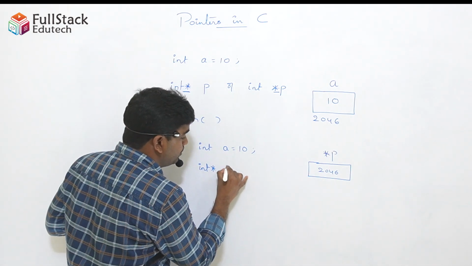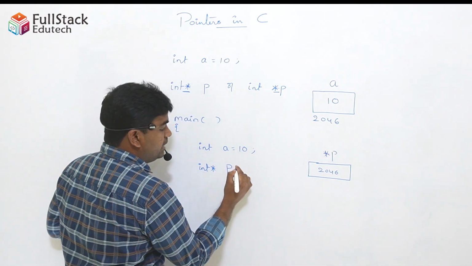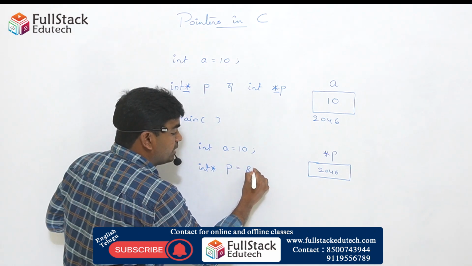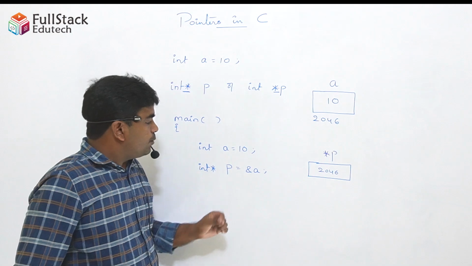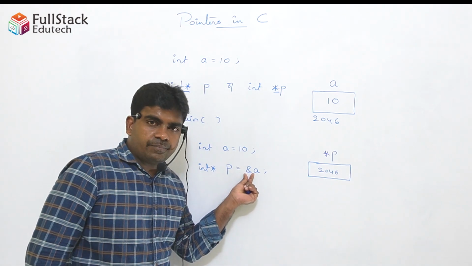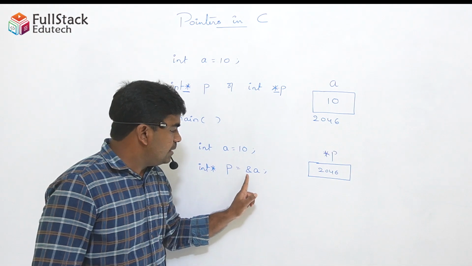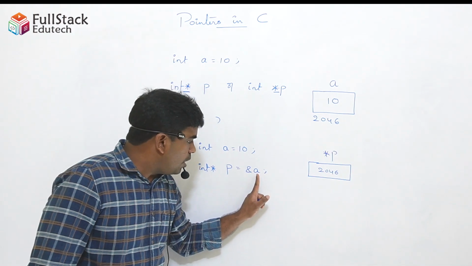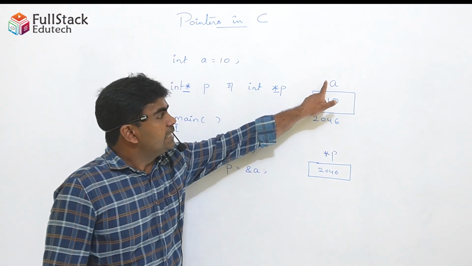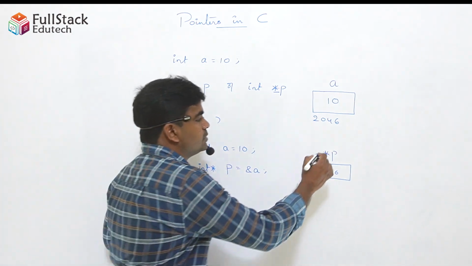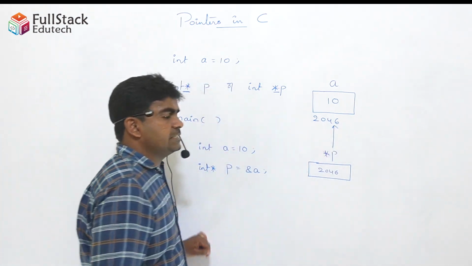The pointer variable is p. p gets memory. Sir, here what are we storing? The address of a. So you know what the address operator will return? The address operator ampersand always returns the memory location address of the specified variable. The address of a will be returned. That will come and be stored into p. So it starts pointing to this location.